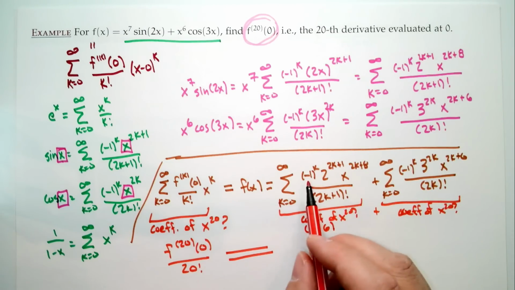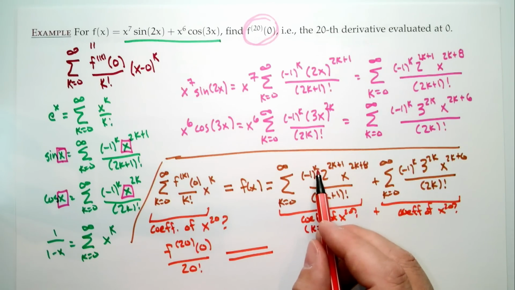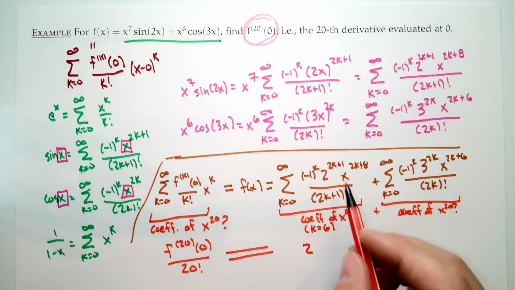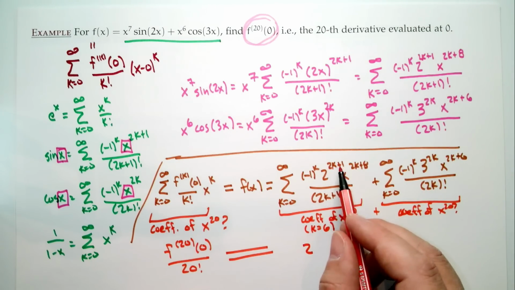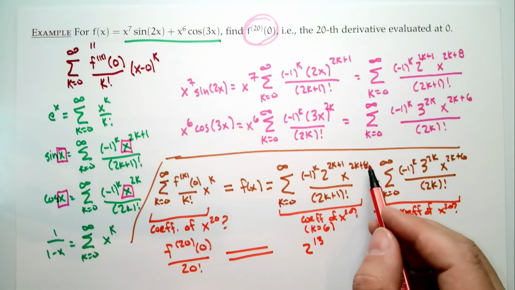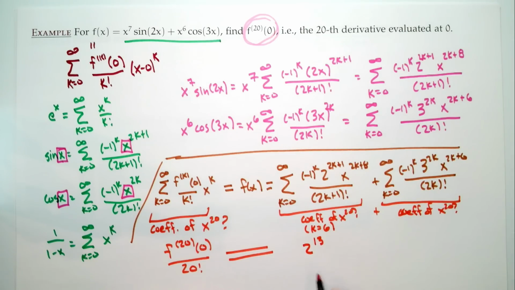So if we plug in k equals 6, we're going to get minus 1 to the 6, which is 1. Then we're going to have 2 to the 2 times 6 plus 1, which is 13. And then here, x to the 20, but I'm just grabbing the coefficient. Divide that by 2 times 6 plus 1, which is 13 factorial. Plus.